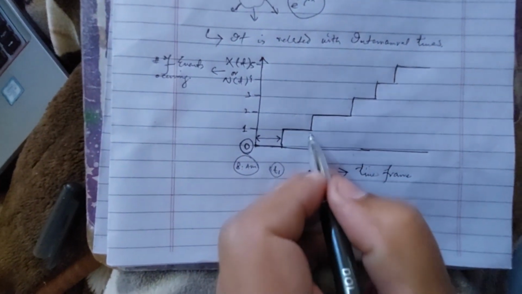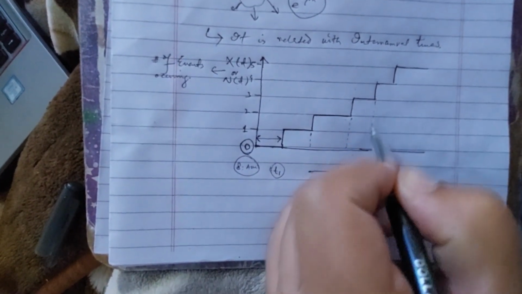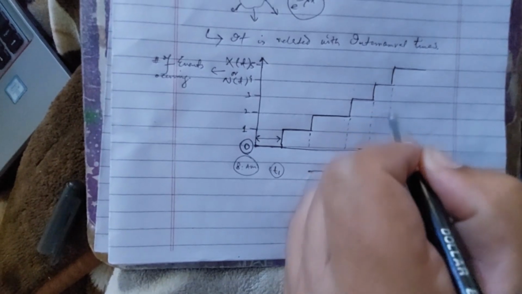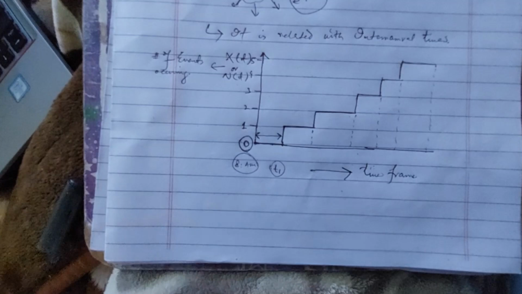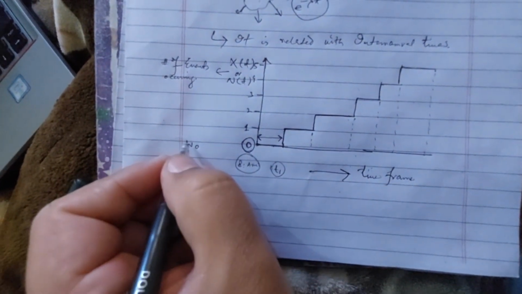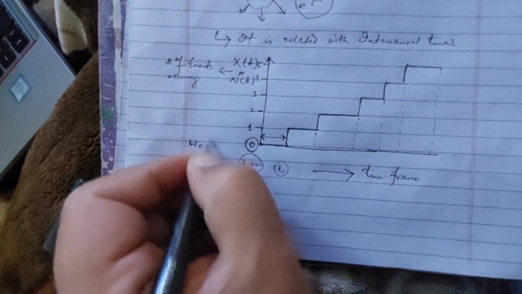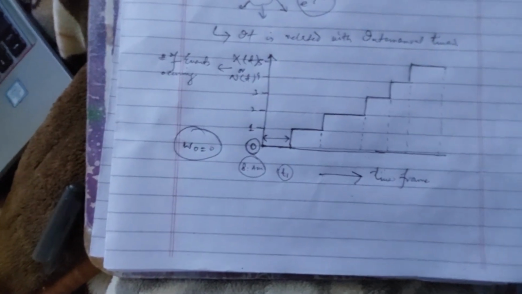So you see that there are a number of events occurring at random times starting from 0. The waiting time for no customer is 0. W represents the waiting time.